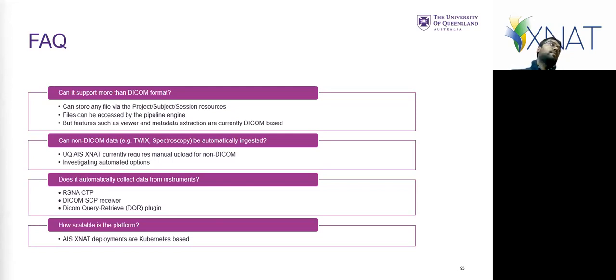XNAT comes with a DICOM SCP receiver, and that's the way to automatically transfer data onto XNAT. But note that DICOM is most commonly an unencrypted channel. There are encrypted options, but it's a bit of a challenge to get working. So we have some mechanisms to secure that connection, but that's the way to get an automated data transfer into XNAT directly.